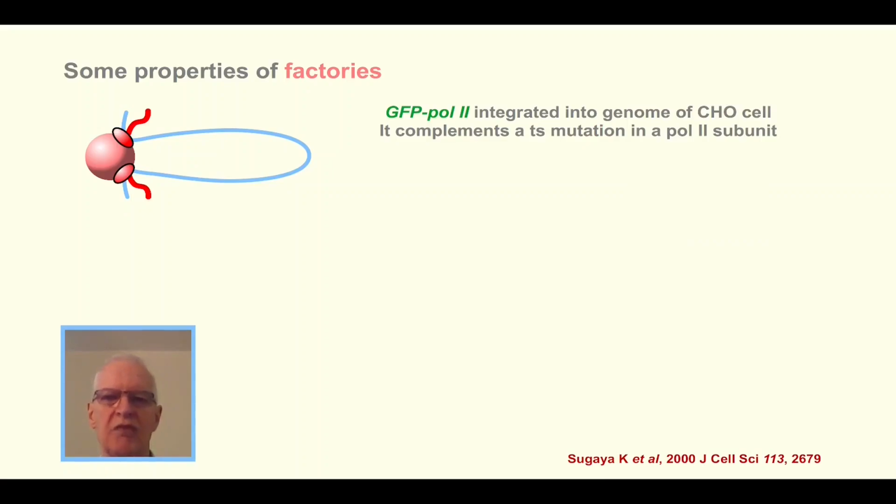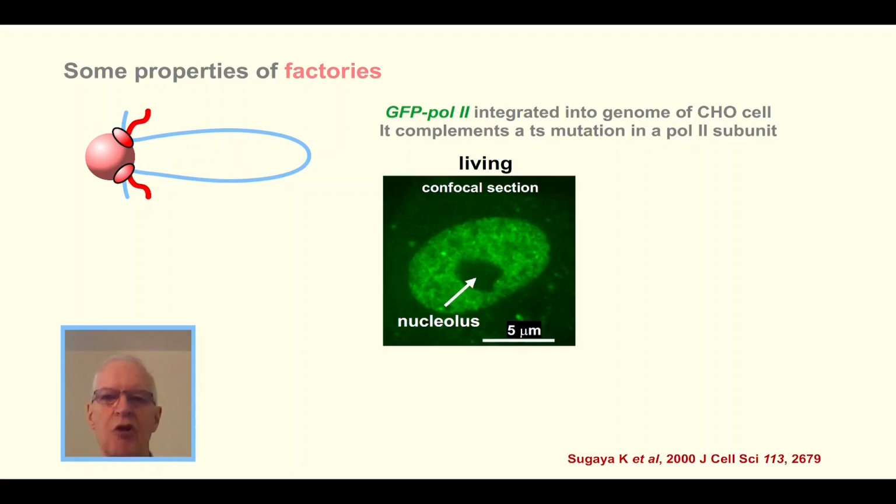I'll begin with a very early experiment where we integrated this construct into a mammalian cell that had a temperature-sensitive mutation. As the cell grew, this meant that the GFP-tagged polymerase was working normally. In the confocal, we got an image like this, where individual foci were not well resolved.